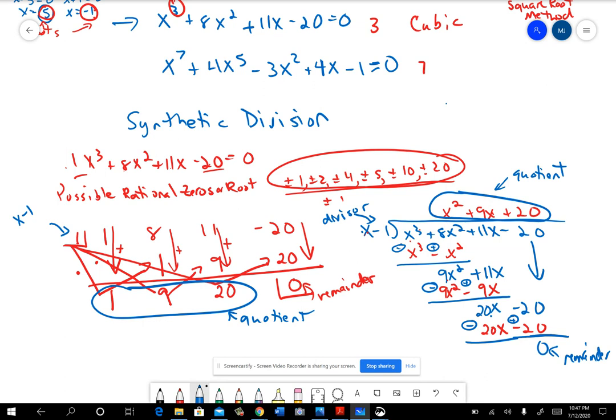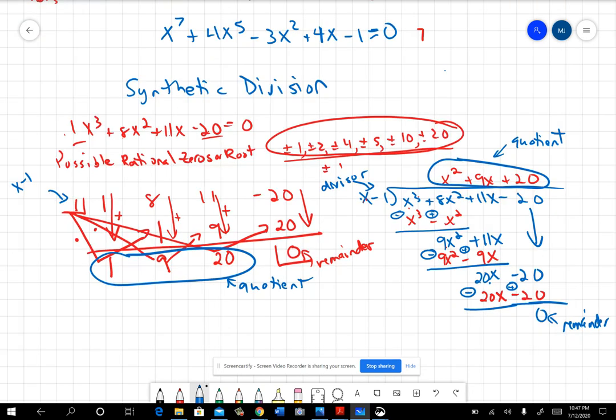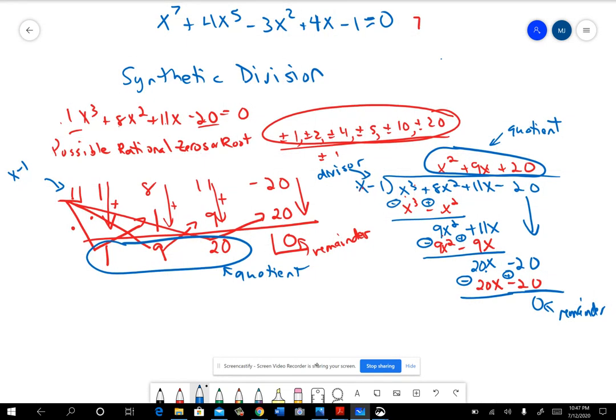Okay, and then just notice how the 1 corresponded to a factor of x minus 1, and how this 1, 9, 20 really corresponded to x squared plus 9x plus 20. So basically the synthetic division is just a shortcut for doing long division that helps you break down the problem that you started with that couldn't be factored using any techniques you know.